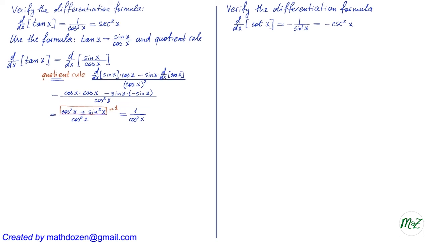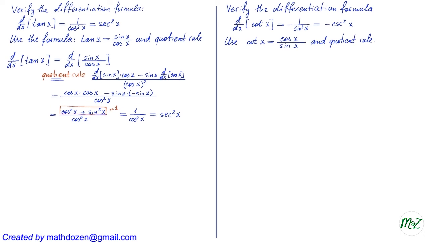So all of this becomes 1 over cosine squared x. That's one of the forms of the answer. And then 1 over cosine is the same as secant. So this is right away the same as secant squared x.